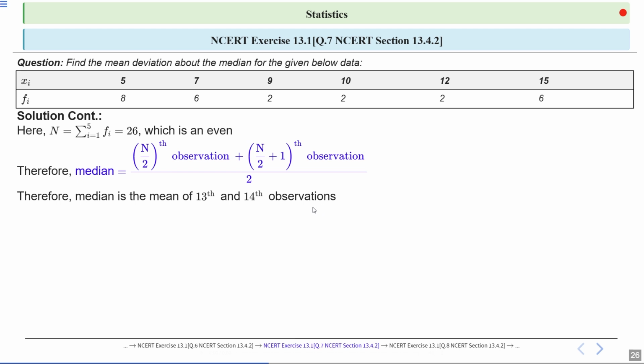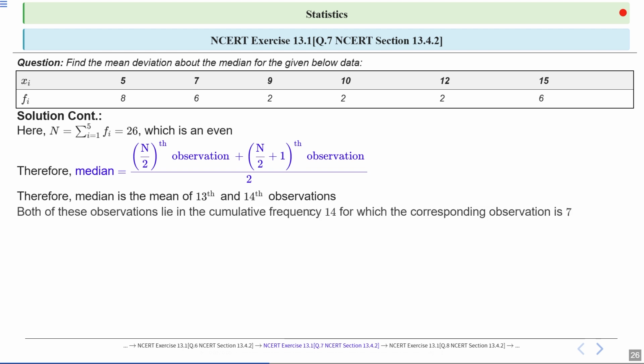Therefore, the median is the mean of the 13th and 14th observations. Both of these observations lie in the cumulative frequency 14, for which the corresponding observation is 7.